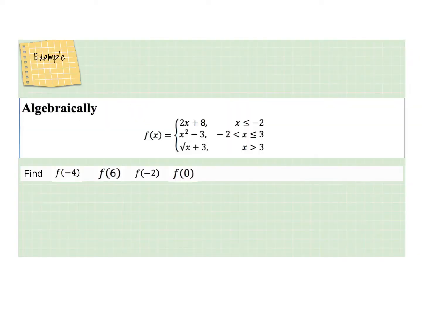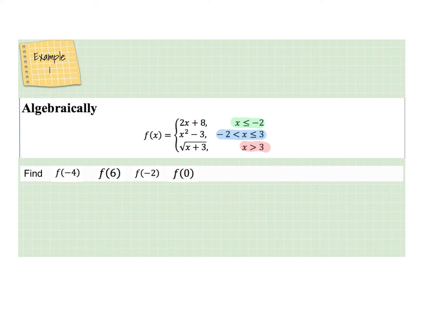So example 1. These are considered piecewise functions, and piecewise functions are basically pieces of an equation, and usually these numbers here represent which values are part of that function.